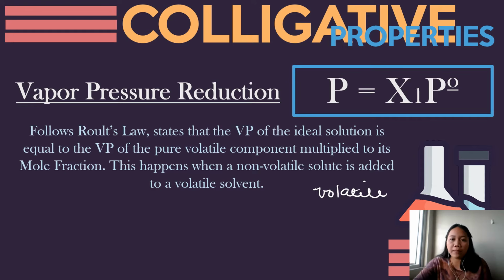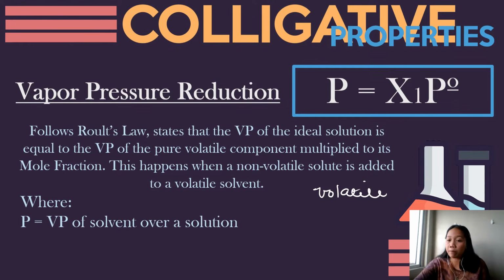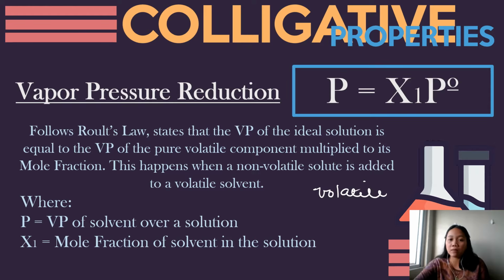So your formula is P is equal to x sub 1 P prime, where P is the vapor pressure of your solvent over a solution, and x sub 1 is the mole fraction of your solvent. Remember that the mole fraction we look for is not of the solute, but of the solvent. And your P prime is the vapor pressure of your pure solvent.